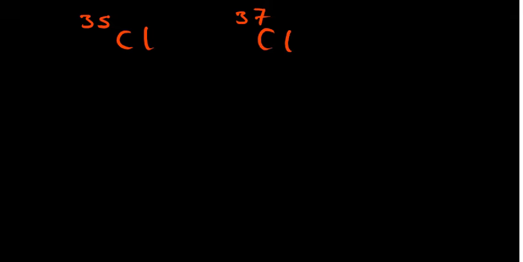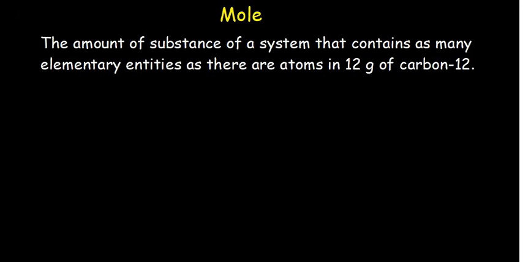This one is 75%, the other one is 25%. So find the relative atomic mass of the chlorine atom. We are just going to talk more about how we calculate the number of particles, be it the number of molecules or the number of atoms.